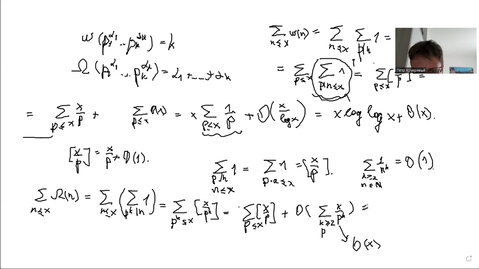And now we write it as x log x, just like in this case, plus big O of x. So we again found the same asymptotic formula. Are there any questions about 4a?